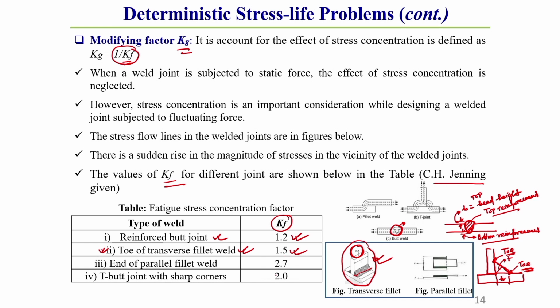Jennings, that is 1.5. Now, parallel fillet weld means, let this be your fillet weld, this is one fillet weld, this is another fillet weld.